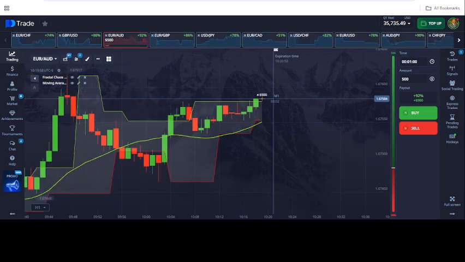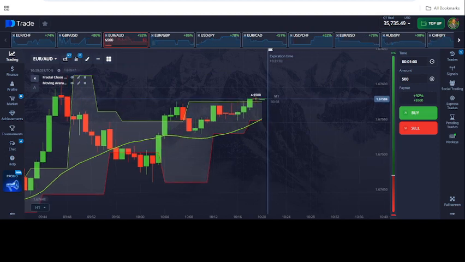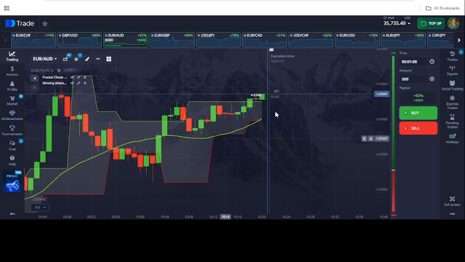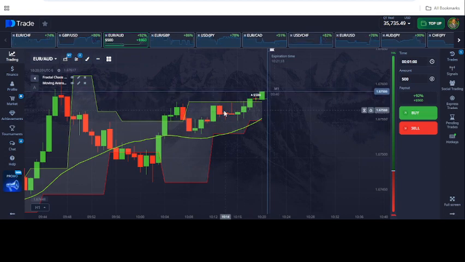Okay, so I'm on the Euro Aussie dollar, and I just took a call option, or a buy trade, here. The reason why I took the buy trade is, first of all, we're seeing a positive slope on the 20 SMA, signifying a bullish trend. Candles here are printing above the 20 SMA.